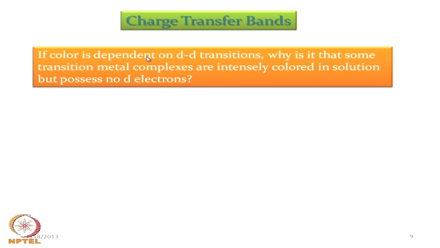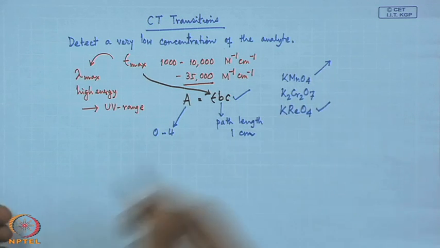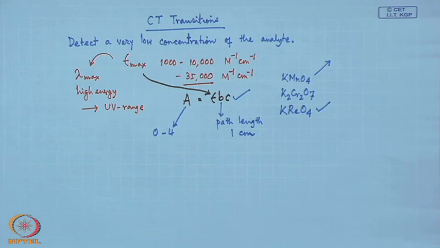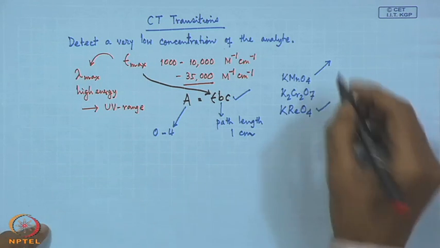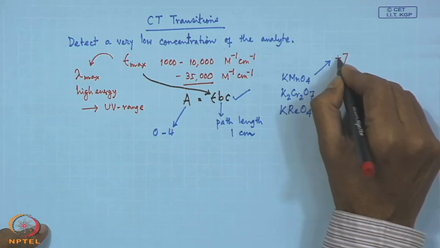So, for a d-d transition the color is dependent on that transition, but why are some transition metal complexes intensely colored in solution, even though they do not have any d electrons, such as this KMnO4, where manganese is present in the +7 oxidation state?